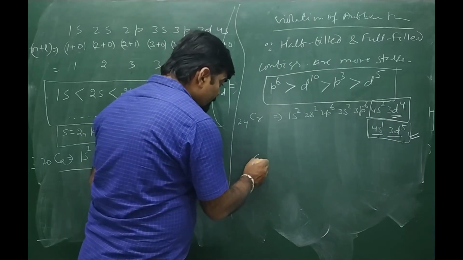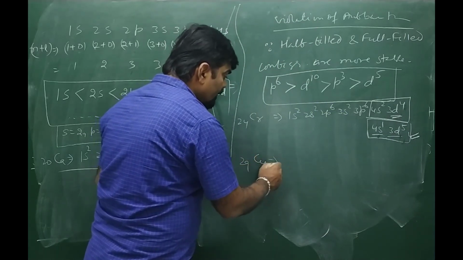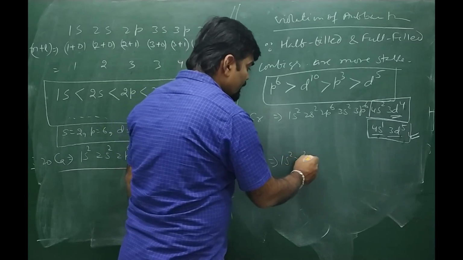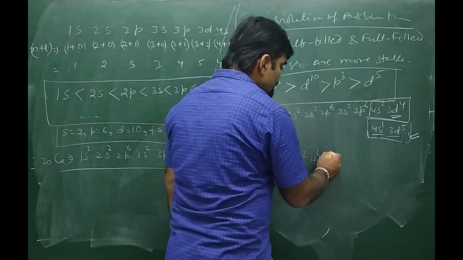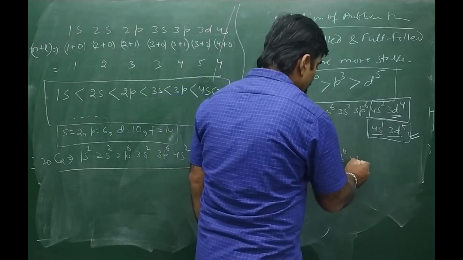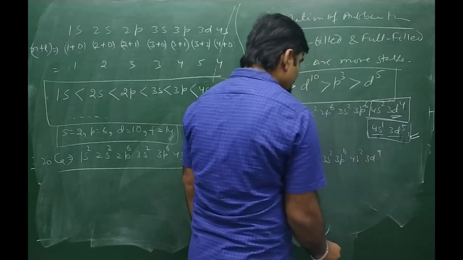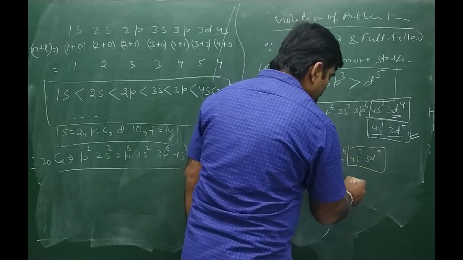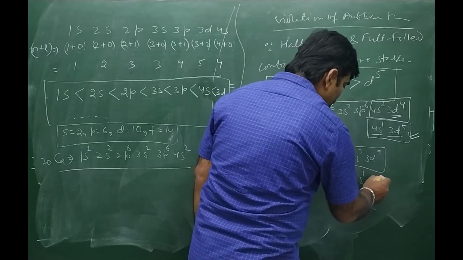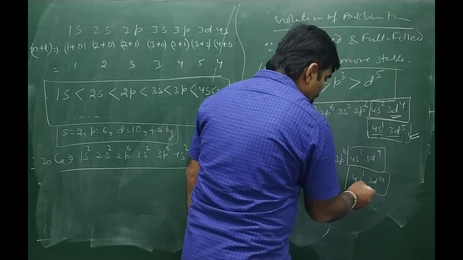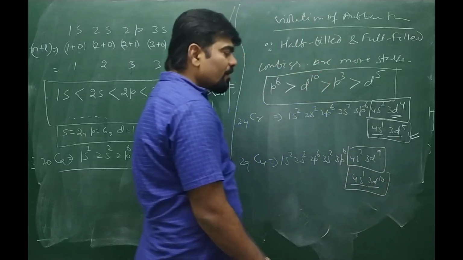Again, suppose there is copper. Copper's atomic number is 29. Its configuration is written as 1s2, 2s2, 2p6, 3s2, 3p6, 4s2, 3d9. Again, instead of writing 4s2 3d9, we will write 4s1 3d10, because half-filled and fully filled configurations are more stable.